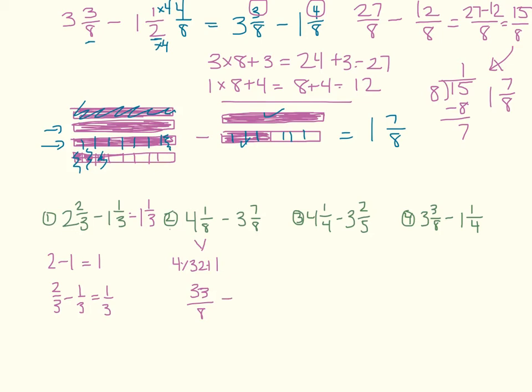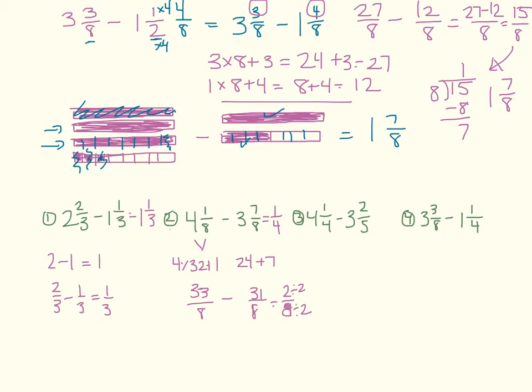And 3 times 8 equals 24, plus 7 will equal 31 over 8. So 33 minus 31 over 8 gives me 2 over 8. Which, as you can see, both these numbers are divisible by 2, so I end up with 1/4 is my answer in lowest terms.